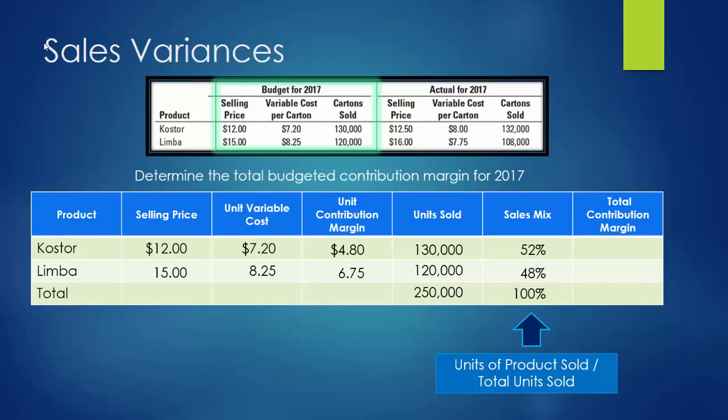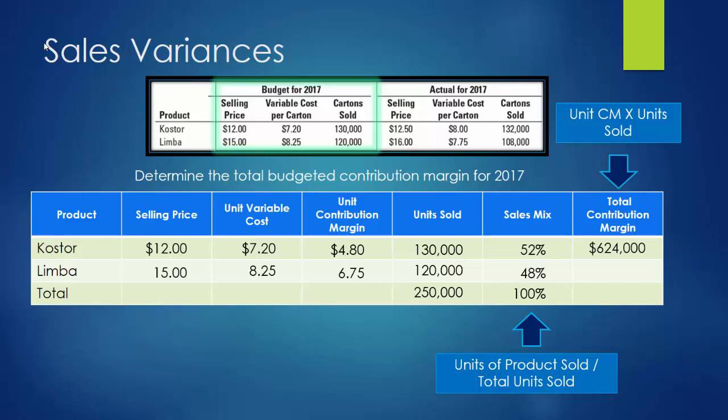Now on to our total contribution margin. Well, we know our unit contribution margin, and we know the number of units that we're budgeting to sell, so we can figure out our total contribution margin from each product line by taking the unit margin and multiplying it by our budgeted quantity of sales. For the Costor, $4.80 per carton times 130,000 cartons should give us $624,000 in contribution margin.